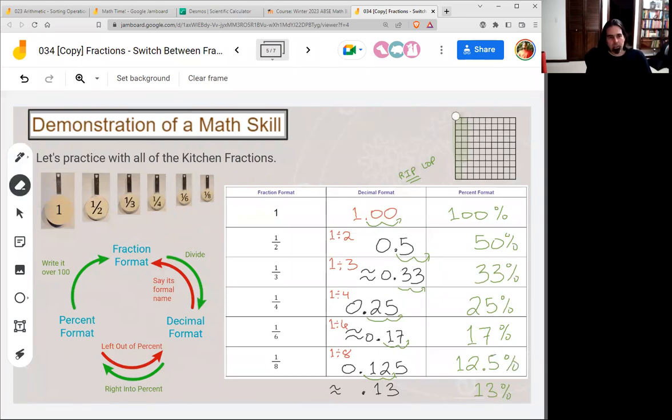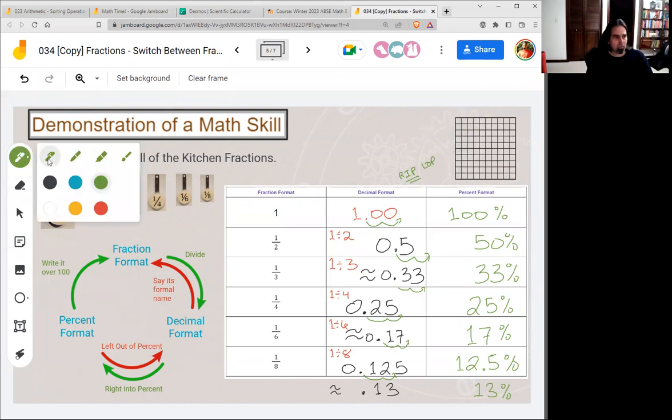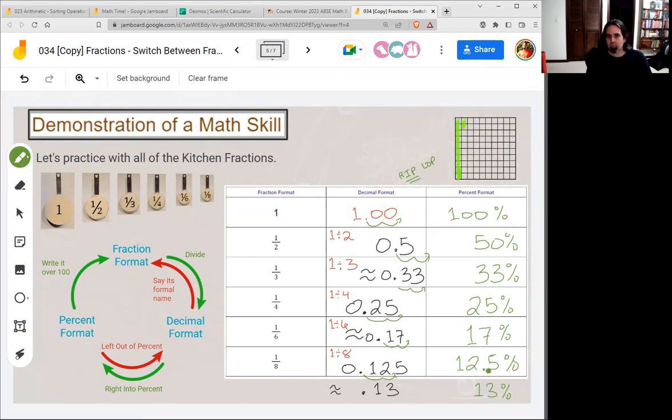What does that look like in my grid up above? That would mean I measure, and I'm going to do it darker this time. I have 12 of these things. Everyone okay with the 12 part? 12 out of 100. And then I have half a little box more. I have 0.5 of one of these little boxes.